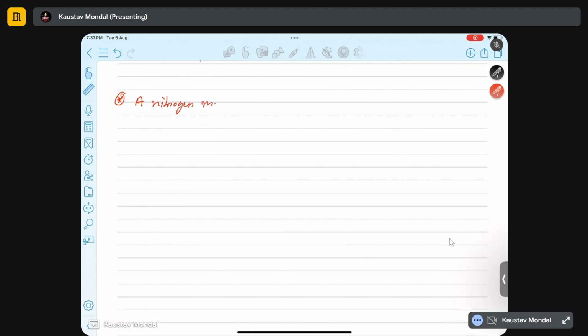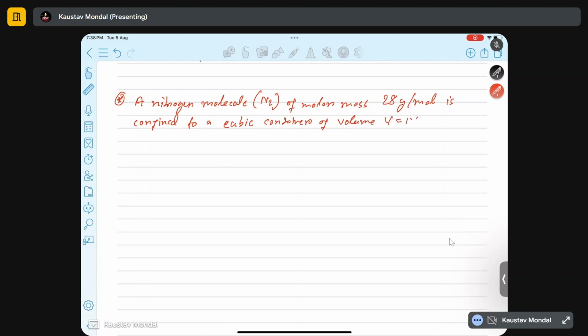A nitrogen molecule of molar mass is confined to a cubic container of volume V equal to 1.5 times 10 to the power minus 3 meters cubed.